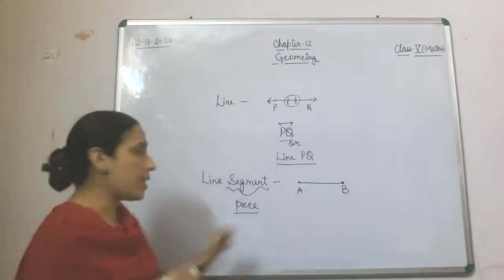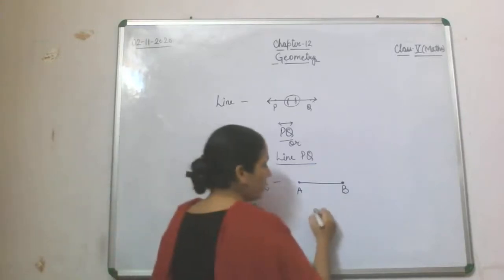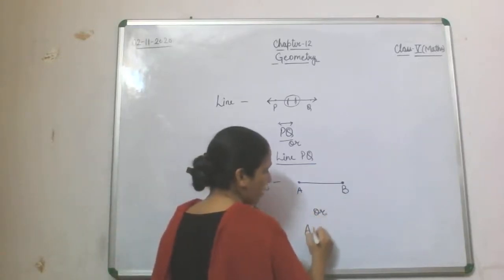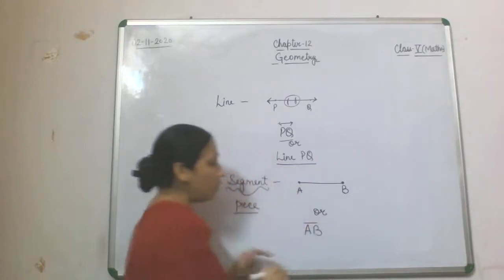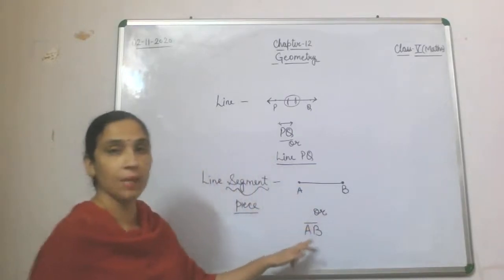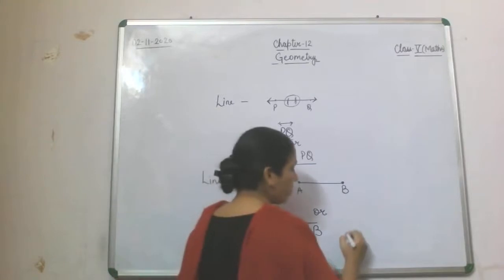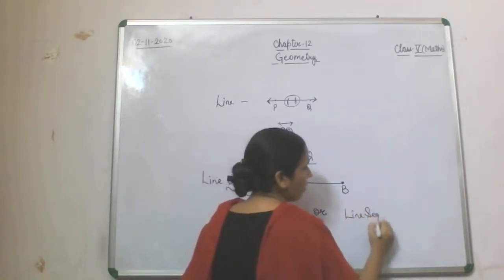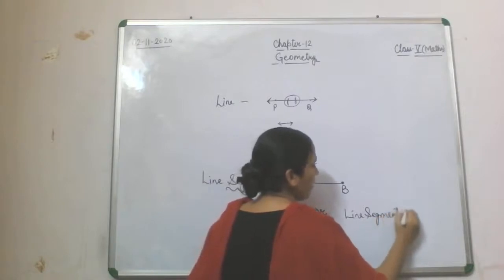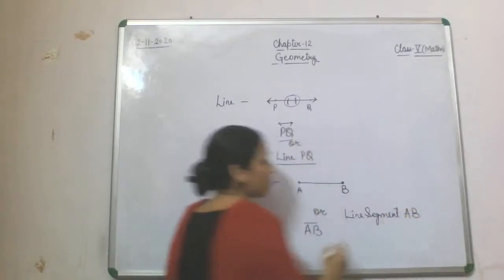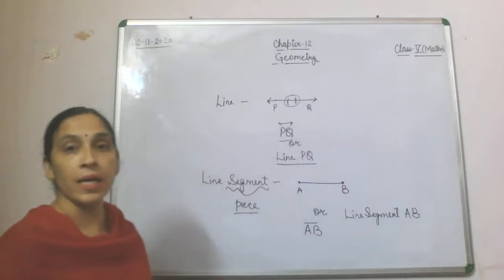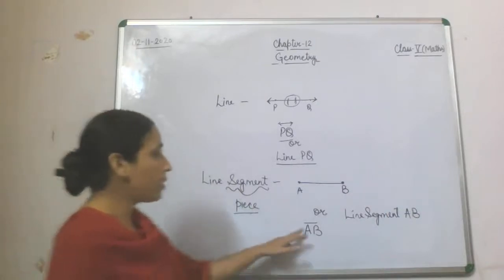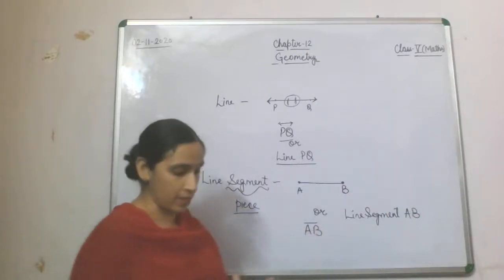Now AB is a line segment, or how we can write it in symbol like this. In words we write line segment AB. Or in the symbol we can write it like this.